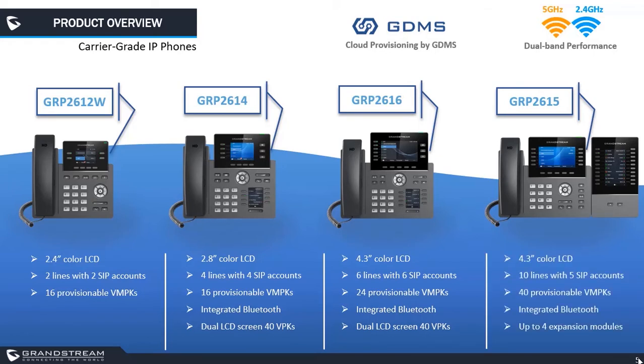And the last model in the GRP family is the GRP2615. This one has 10 lines with 5 SIP accounts. It also supports Bluetooth, and it is the only model that supports the new GBX20 extension module with the color LCD that can be daisy chained up to 4 times.